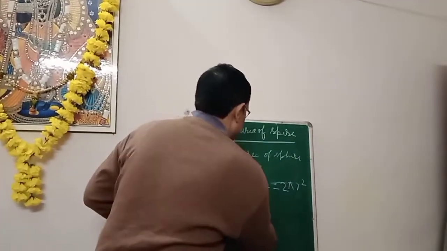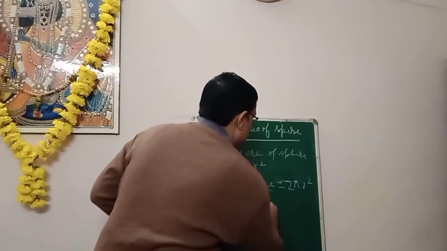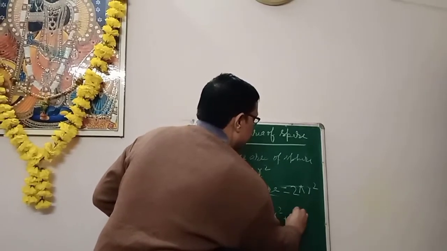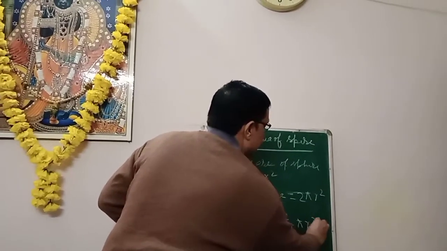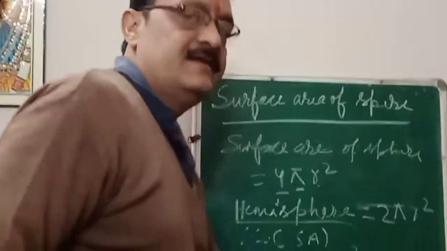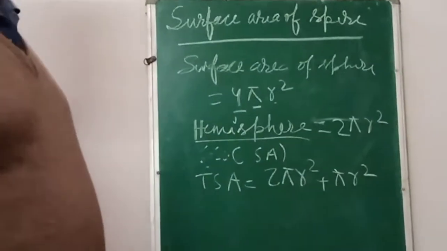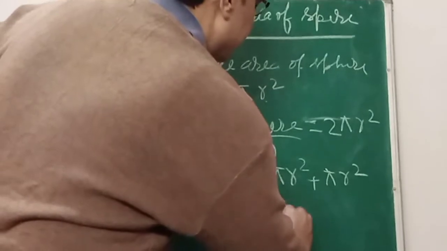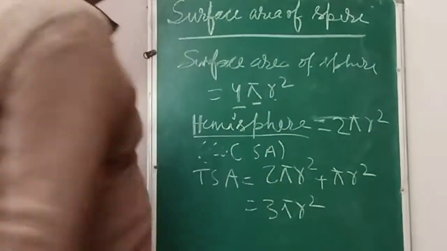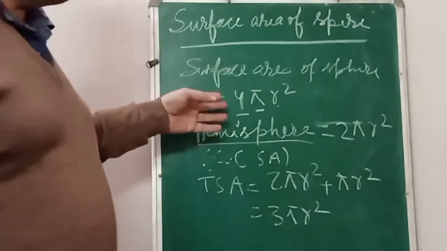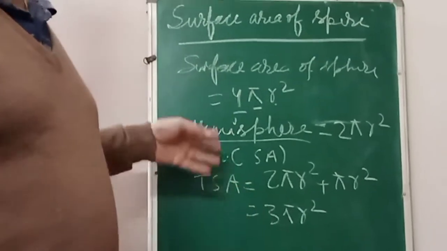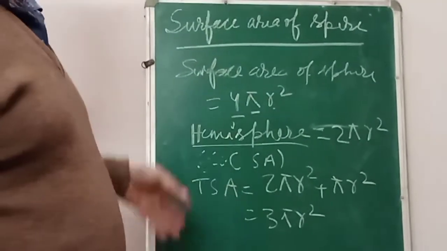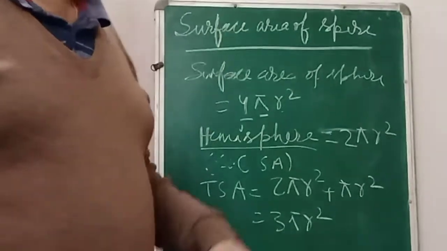So if we add this 2 pi r square plus the area of the circle, pi r square, we get the total surface area of the hemisphere, and it becomes 3 pi r square. So based on these three pieces of information only, we will be solving all the problems of surface area of a sphere.